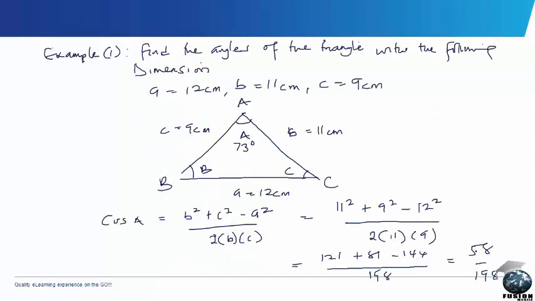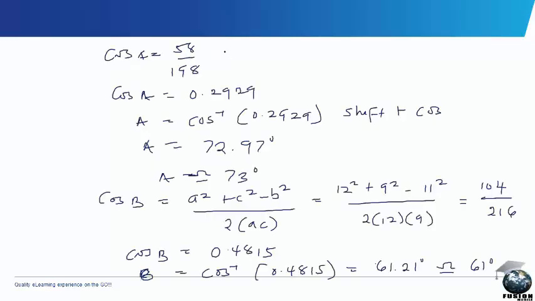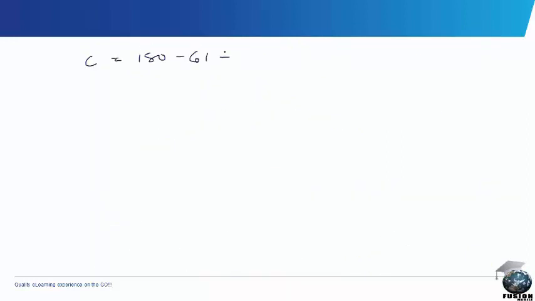So we go back and fix B to be equal to 61 degrees. To find C is very simple now, since we have 61 and 73, and the total angle in a triangle is 180. Therefore C will be 180 minus 61 minus 73, which gives us 46. So C is equal to 46 degrees.